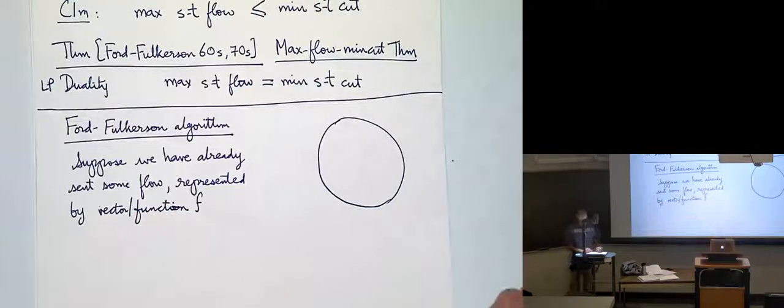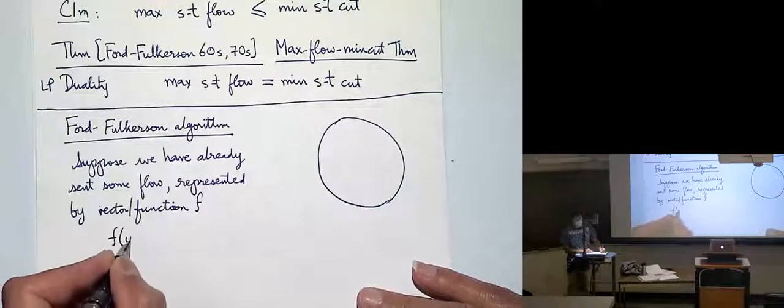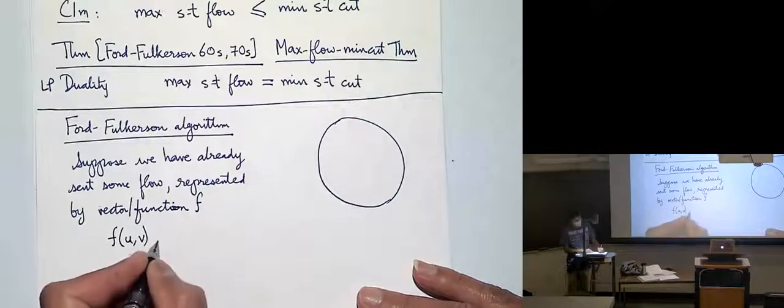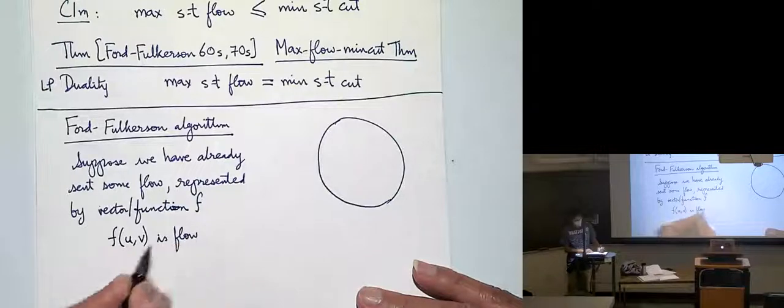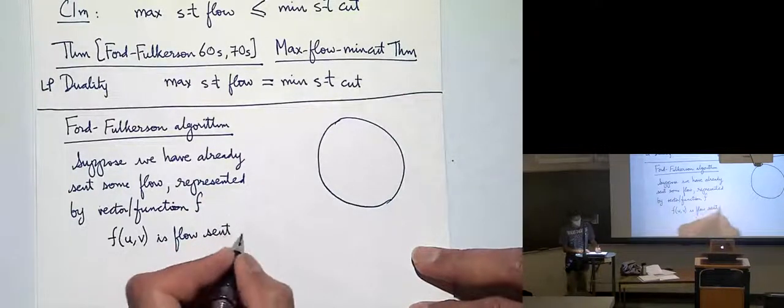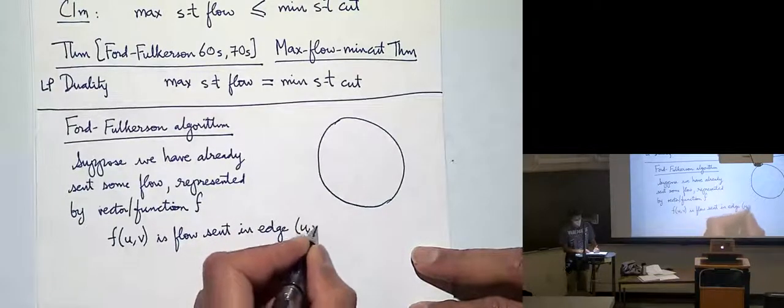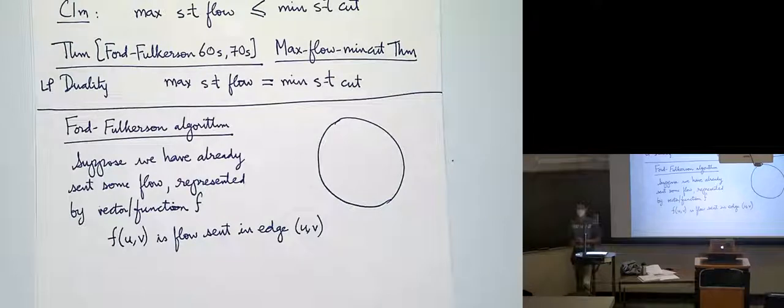So what this means is, just like you have capacities c_uv, you could think of f_uv as the flow sent in the edge uv. That's the amount of flow that you've sent so far. Your aim is really to compute the optimal values of this quantity.